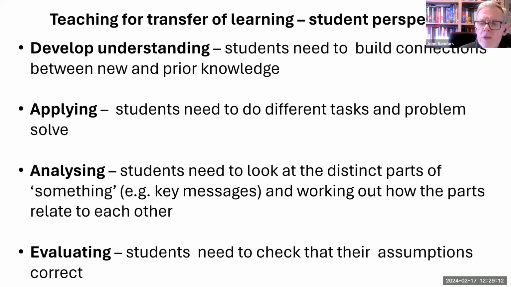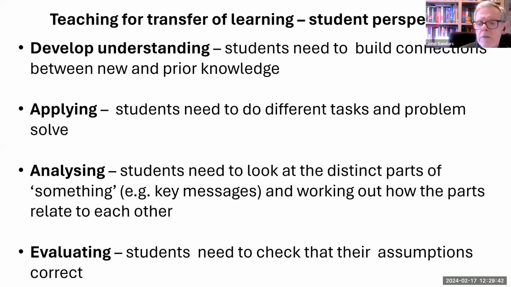So what do students need to be able to do? What's the student perspective? Basically, students need to be able to build connections between new and prior knowledge. And we're going to talk in a moment about how we can enable that. Students need repeated opportunities to do different tasks and to be problem solving.